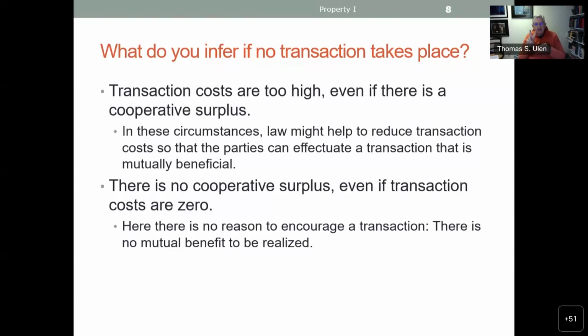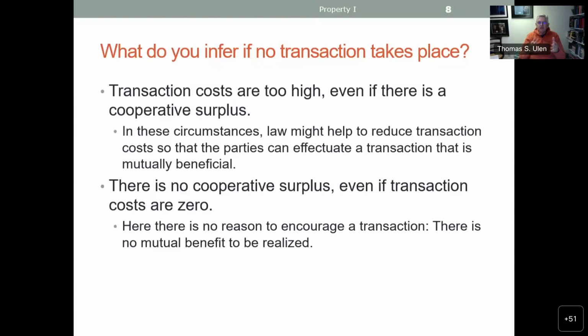So it's important to remember that there are two reasons that transactions don't take place. Transaction costs may be too high, but also there may be no cooperative surplus. And we want to make sure that we don't attribute every failure to transact as being due to the presence of transaction costs.